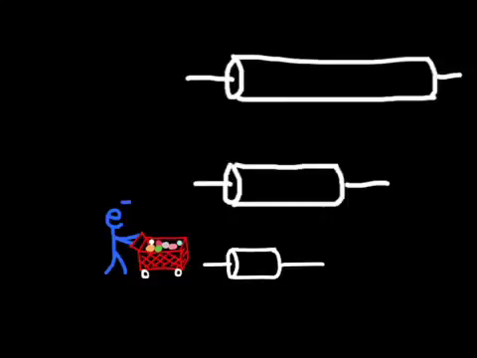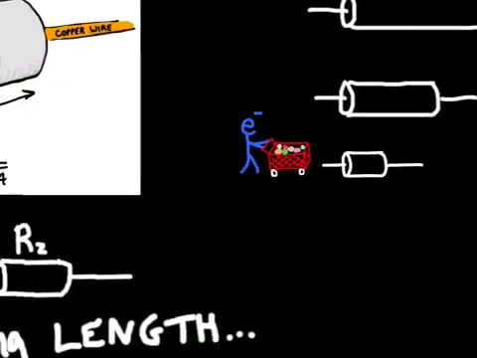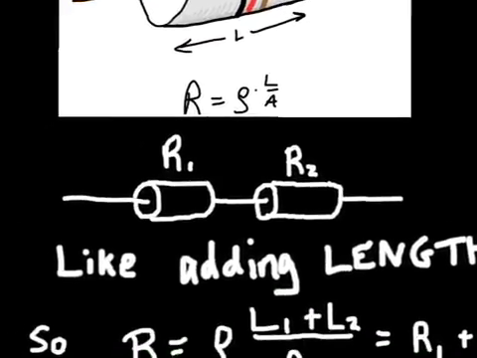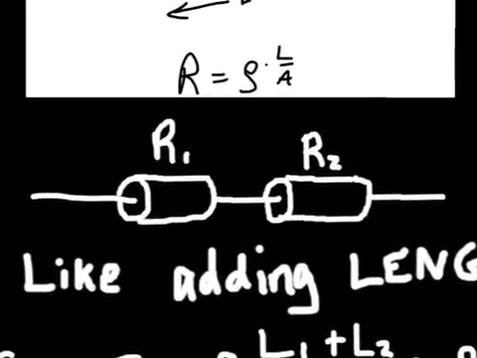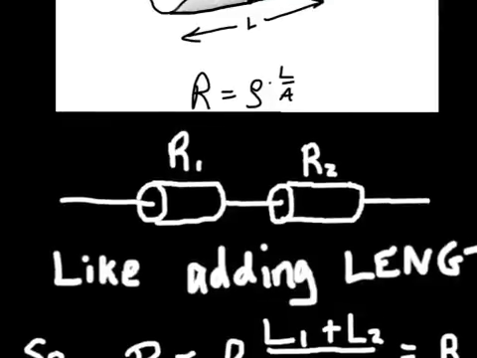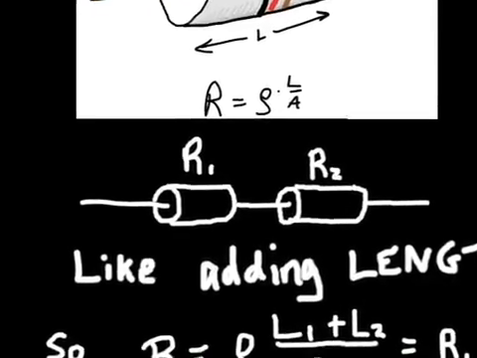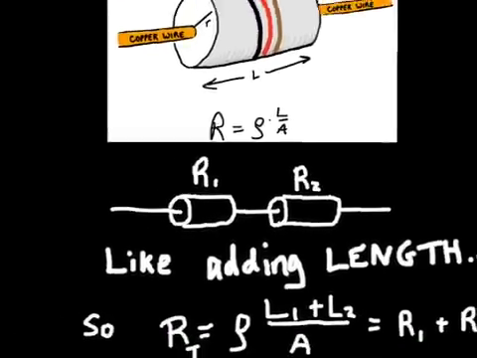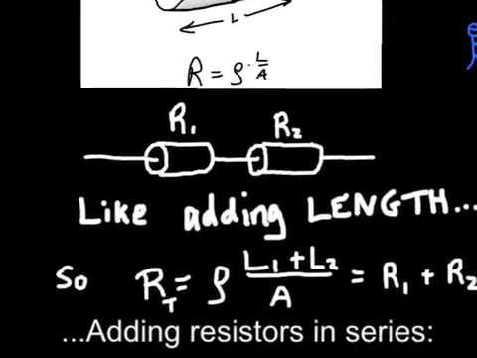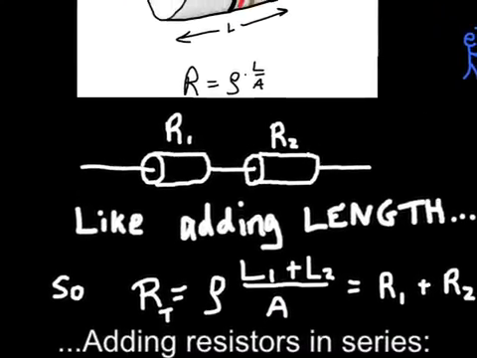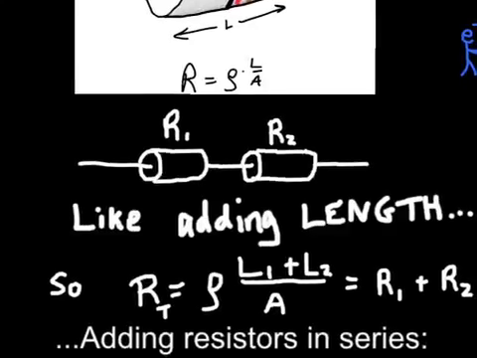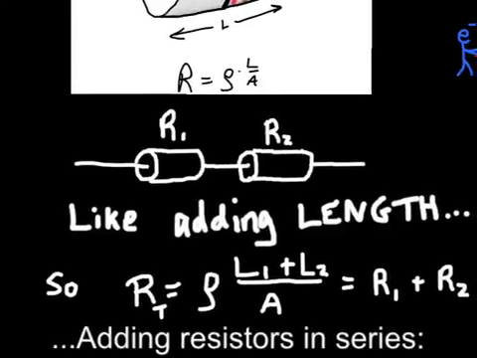Now let's consider how we would add resistance if we had multiple resistors that we had to go through. Say you have two resistors side by side, one right after another. You have no choice. You must go through both. That's kind of like adding length. Looking back at our equation, it would be like having two different lengths, L1 and L2, added together.